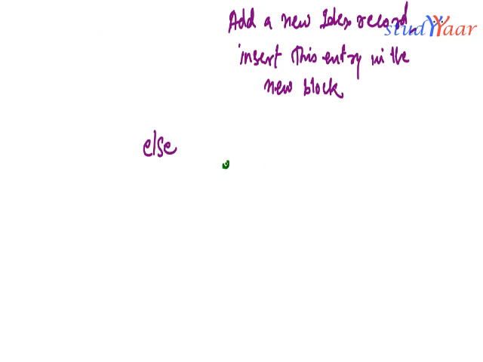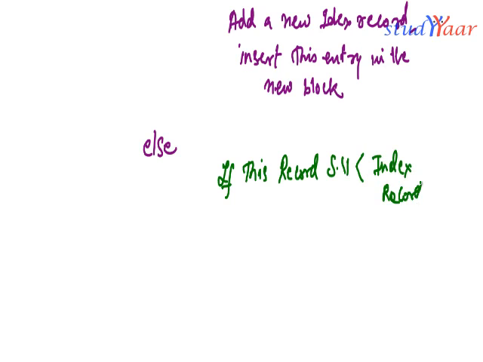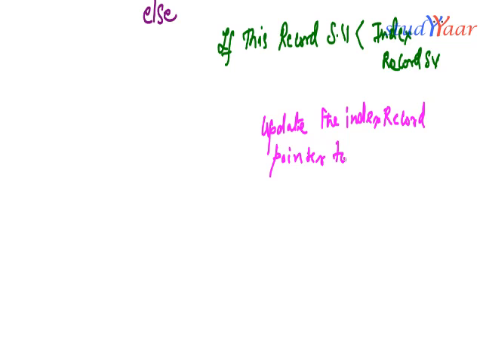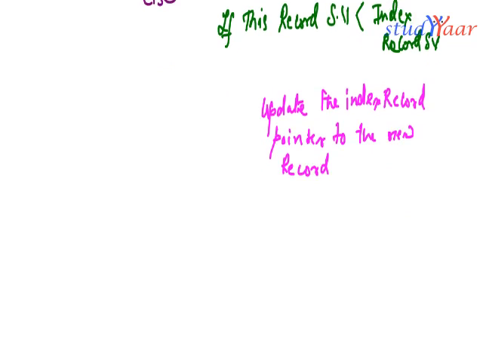If this record's search value is less than the index record's search value, then I would update the index record pointer to the new record, and we would also insert this record in its appropriate block.